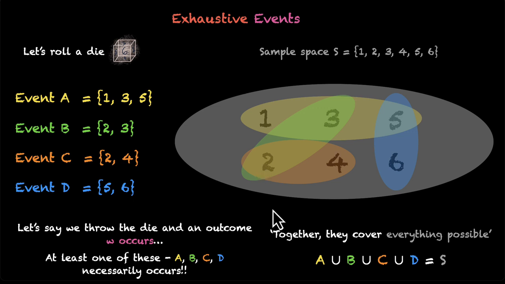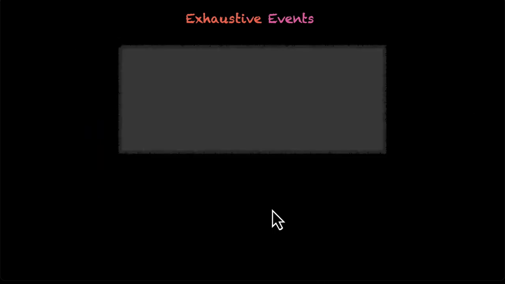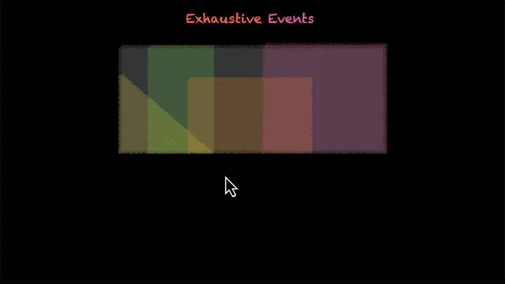Okay, let's look at the formal definition. This is our sample space, and let's say we put in some events. This is one of them, this is another one, this is one more. Let's do one more. Okay, here's a patch left. So let's add one more event here. So now together they're covering the entire sample space, which means they are exhaustive events.